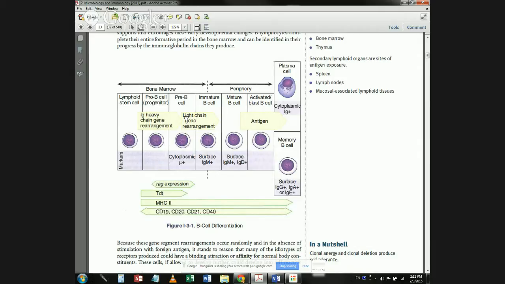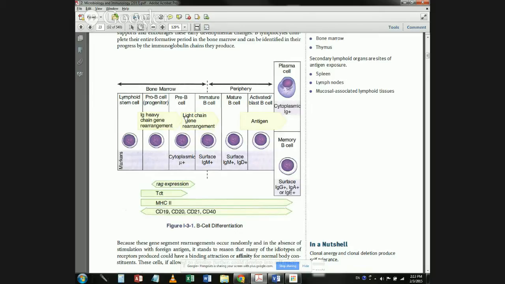Then it leaves the bone marrow, enters the circulation, and goes into the periphery, where different areas, probably the lymph nodes and the spleen, other mucosal associated lymphoid tissues, maybe just blood. Anyway, it's immature still. Now, to become mature, it has to start expressing IgD, immunoglobulin.